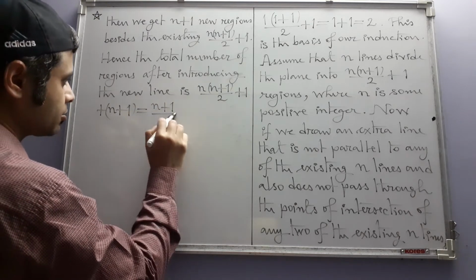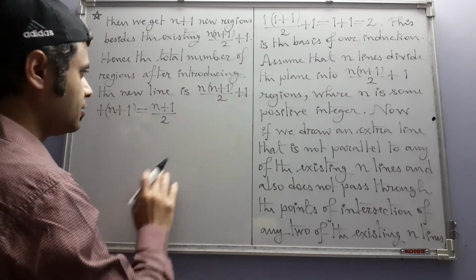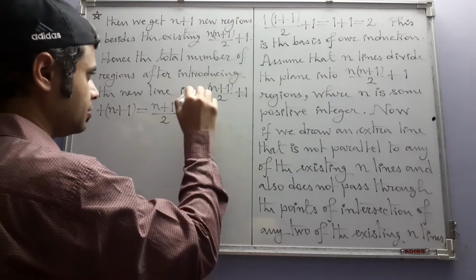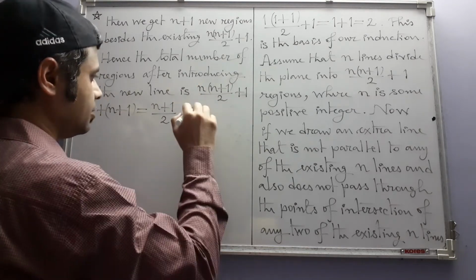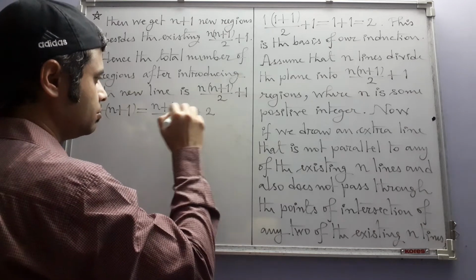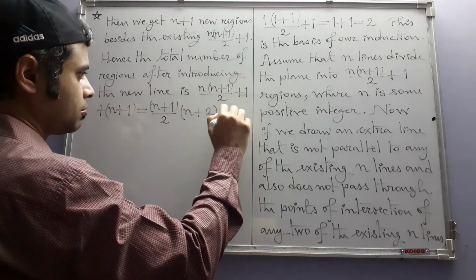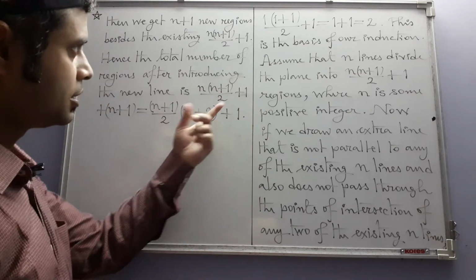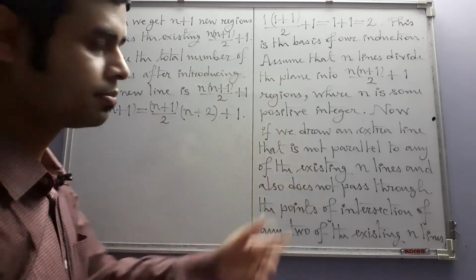okay, let me just show the calculation. If we take n plus 1 divided by 2 common out from these two terms, then here we have n and here we will have 2. Which is just this number if you replace n with n plus 1.